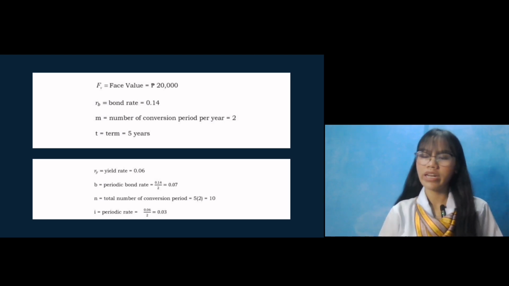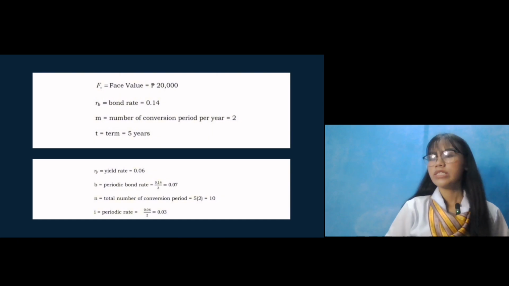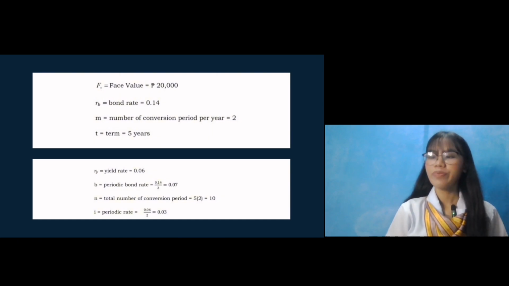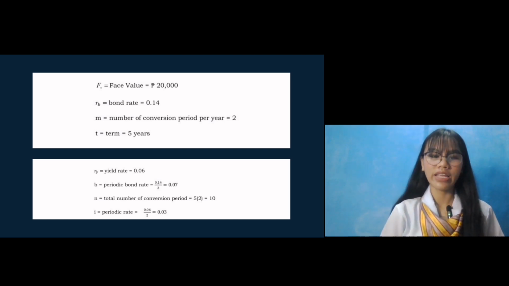If we divide it, we will be getting 0.03. So since we are already done listing down all of the givens, we are now ready to substitute into the formulas.